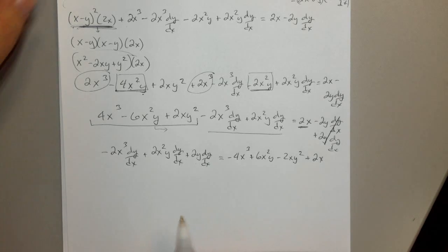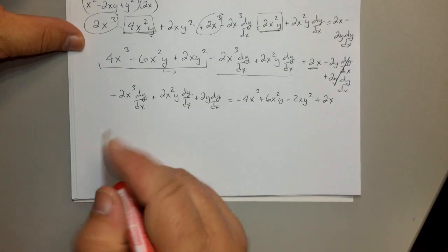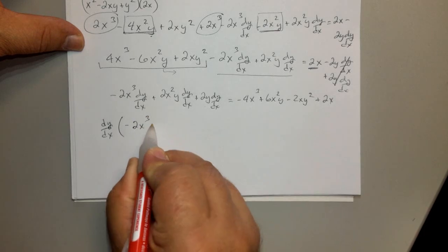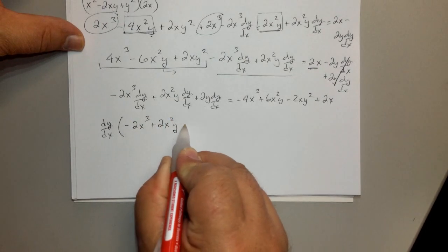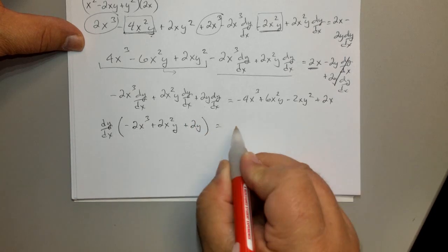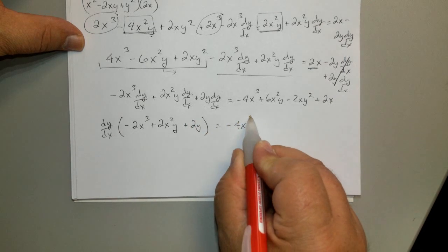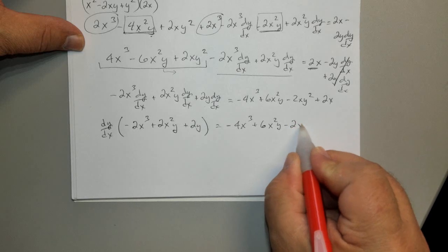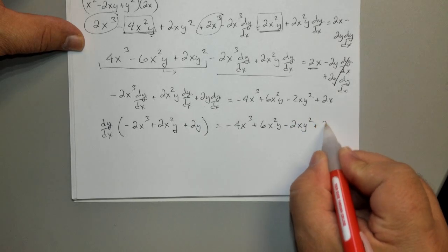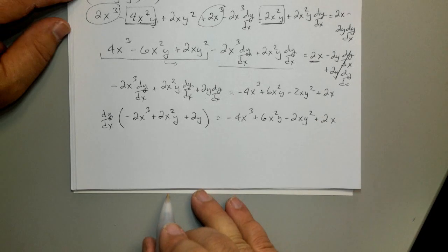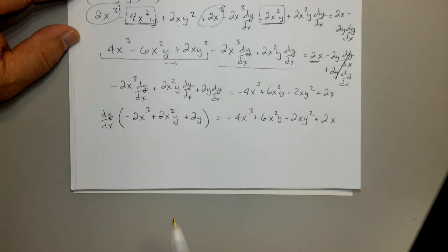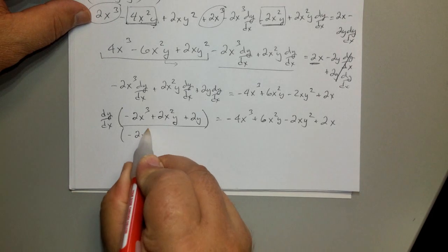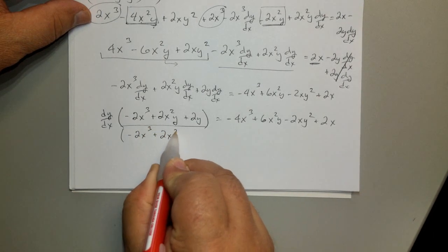Now we have to get the dy/dx's by themselves, so we factor them out. We have 2x cubed plus 2x squared y plus 2y equals negative 4x cubed plus 6x squared y minus 2xy squared plus 2x. Divide by this.